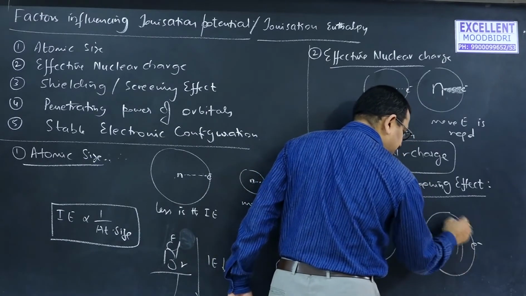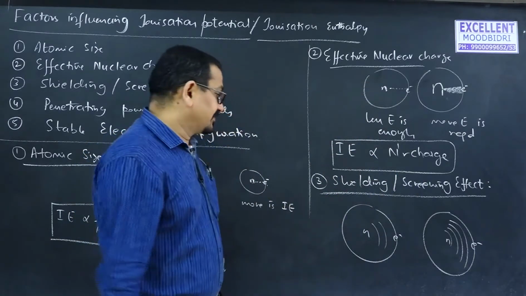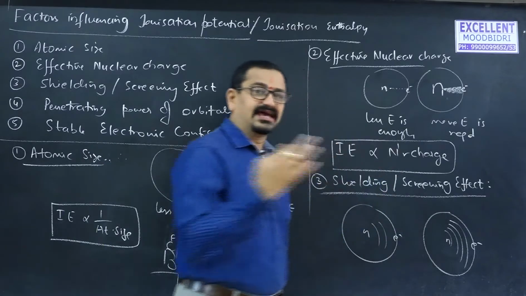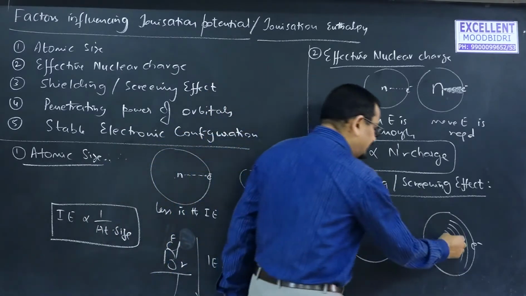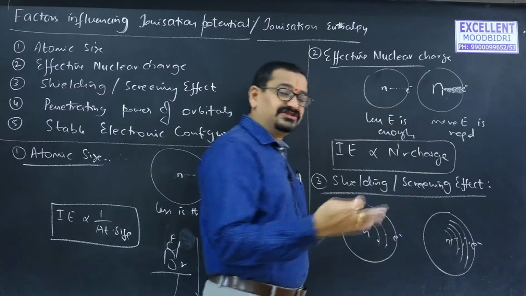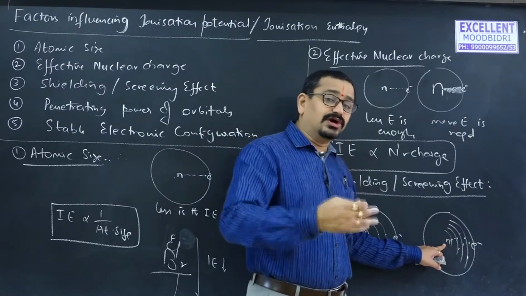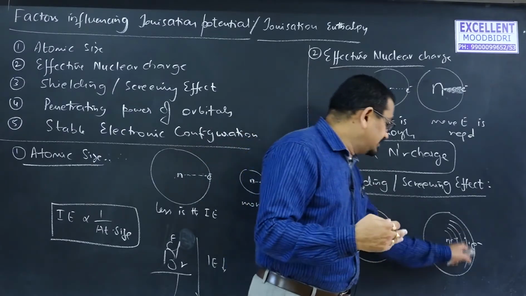My question is, in which case is nuclear attraction more effectively stopped, screened or shielded by the inner electrons? These are all filled with electrons, of course.